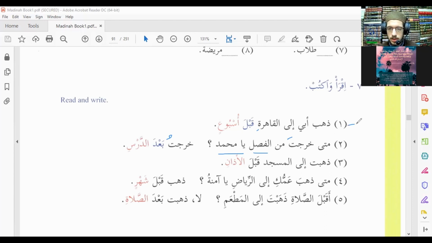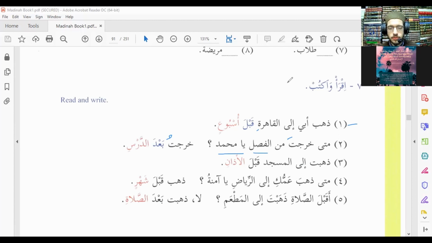So break down example 1 for me. What type of sentence is this? It's a جملة فعلية. Good. What are the parts of جملة فعلية? فعل. What's the first one? فعل. Yep. فاعل.